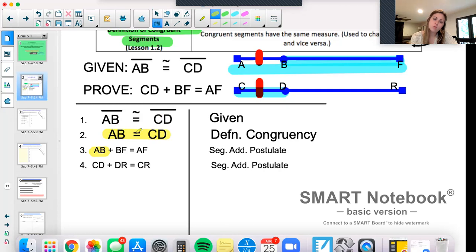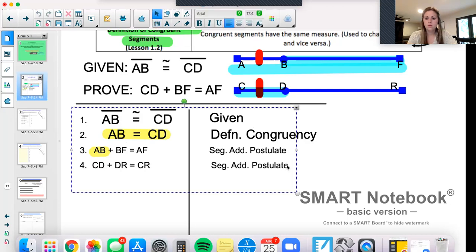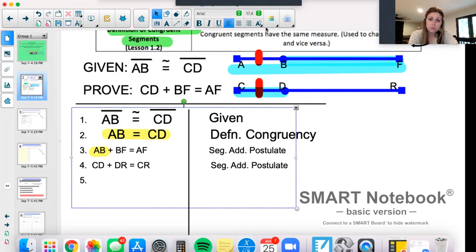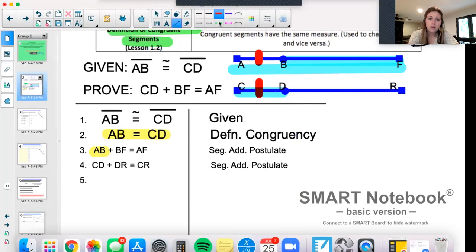If AB equals CD, then that means I can take this out and I can substitute CD in its place. So I'm going to do that for my next step. Instead of AB, I'm going to substitute CD. Okay, if you need the visual there, here it is.